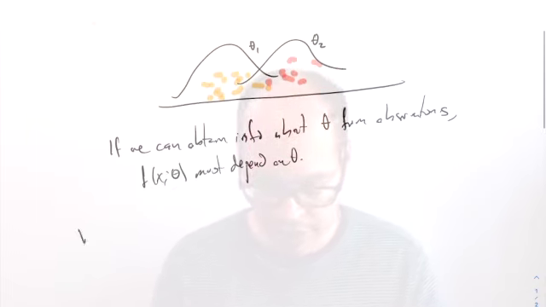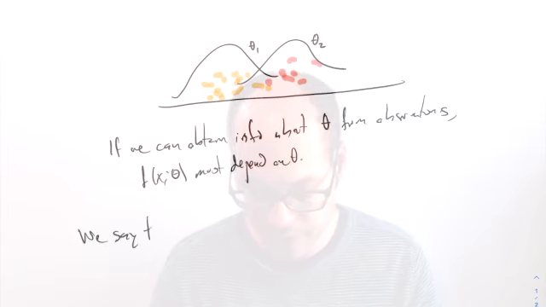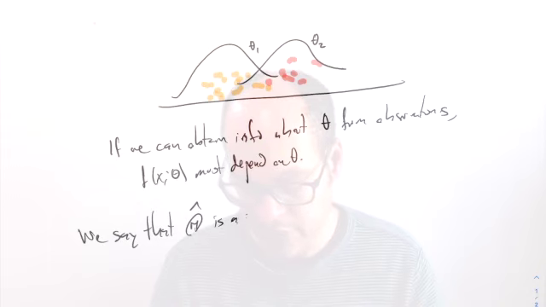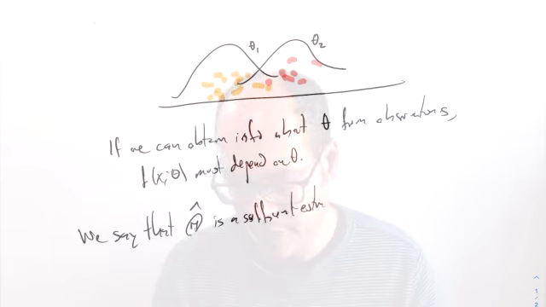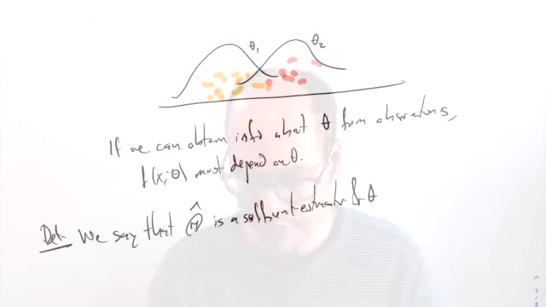So we say that theta hat is a sufficient estimator for theta. This is the actual definition.